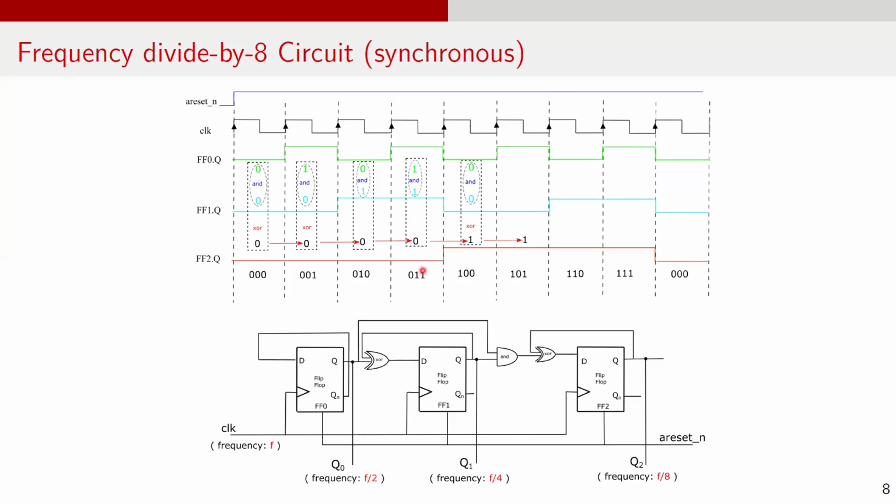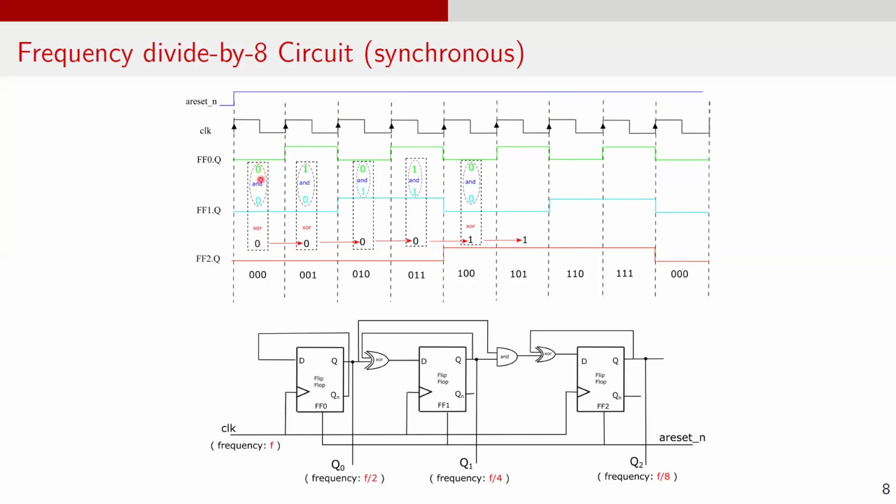Now let's determine the correct input for ff2d. If we examine signal ff2q, which is toggling at the frequency of F over 8, we observe that the updated value at the next rising edge is given by ff0q and ff1q ANDed together and then XORed with ff2q.